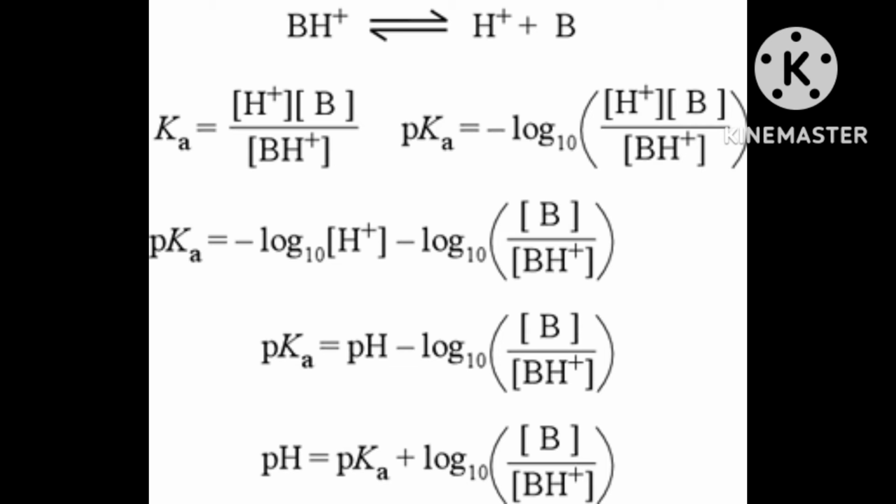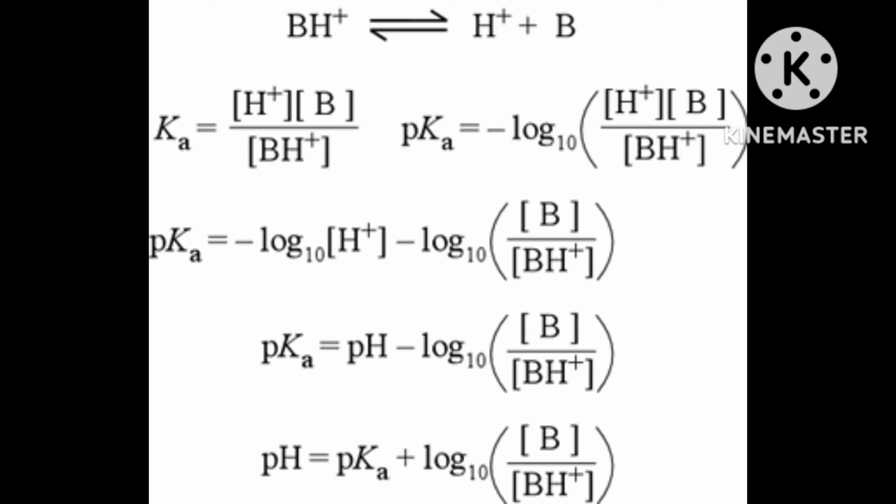Now here you will get conjugate acid. Conjugate acid means BH, you can tell. B means base, and the conjugate acid of base B is BH. Then down will be the base B, and its conjugate acid will be BH plus.